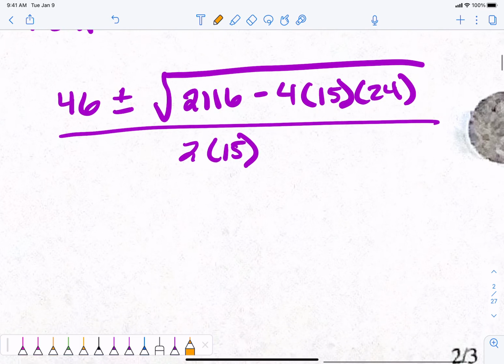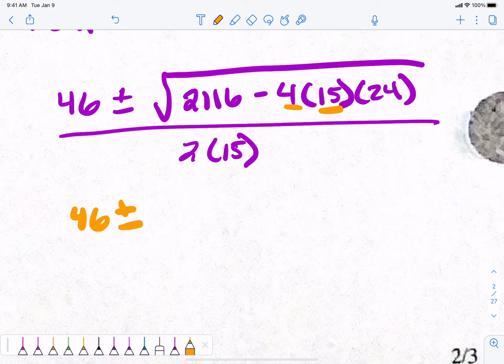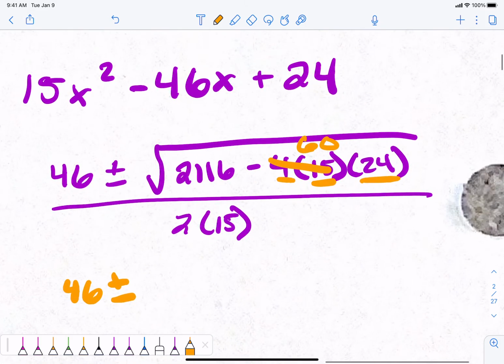Okay, 46 plus and minus the square root of 4 times 15 times 24. 4 times 15 is 60, and 60 times 24 is 1440. So this is 2116 minus 1440, which is 676.